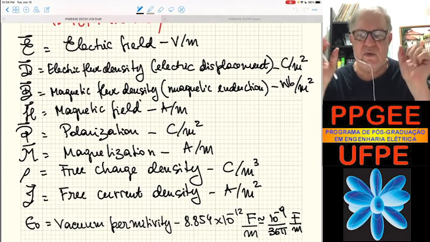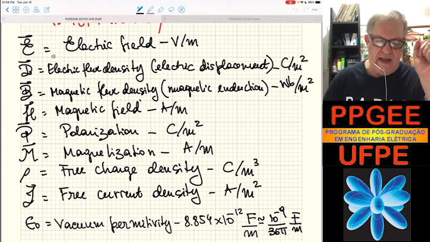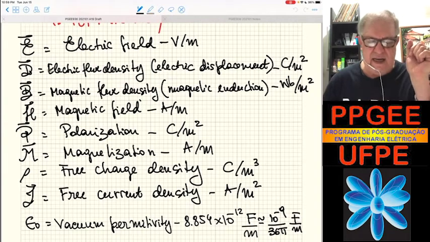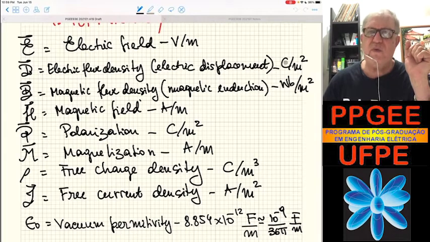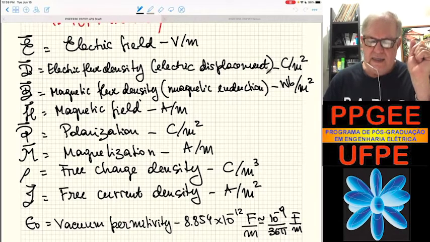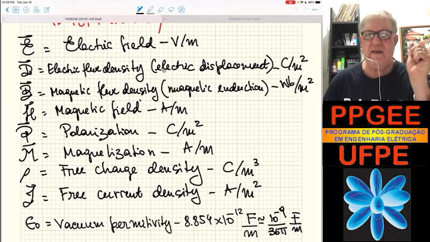So the E field is that quantity. The auxiliary field D is the electric flux density vector measured in coulombs per square meter. This is also frequently called, in the area of physics, the electric displacement vector, right?